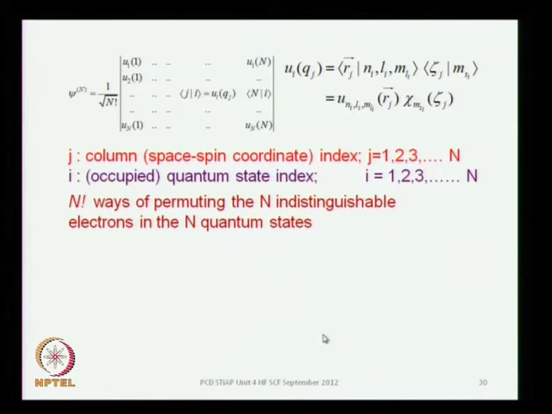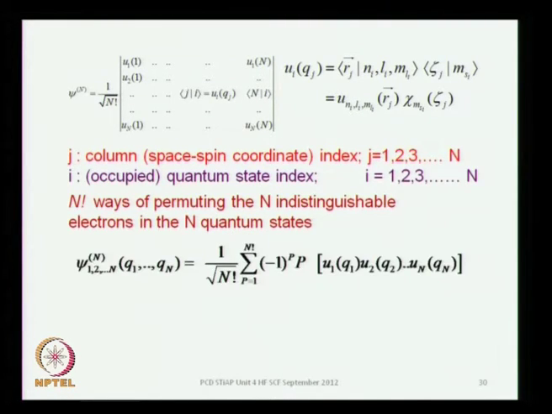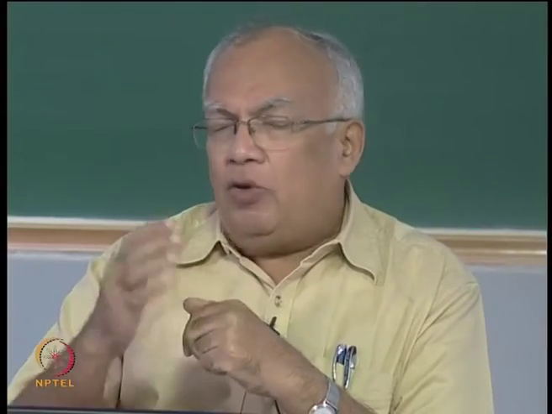You are of course aware that there are factorial n ways of permuting the n indistinguishable electrons in n quantum states. So, you can also write all the elements along the diagonal, u1 q1, u2 q2, up to un qn, and then begin permutations and carry out all the permutations.